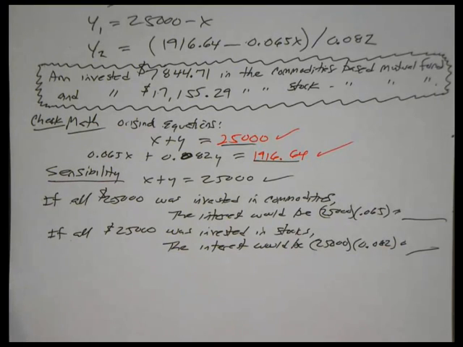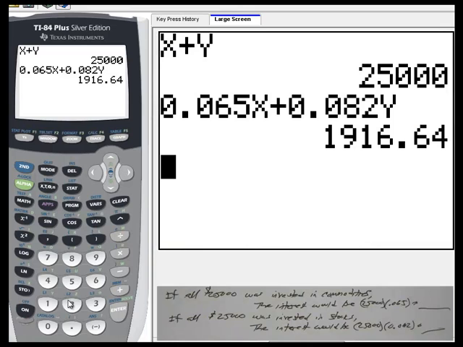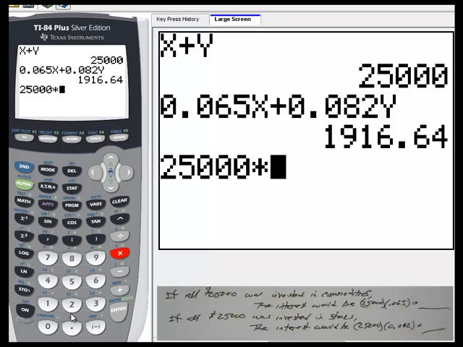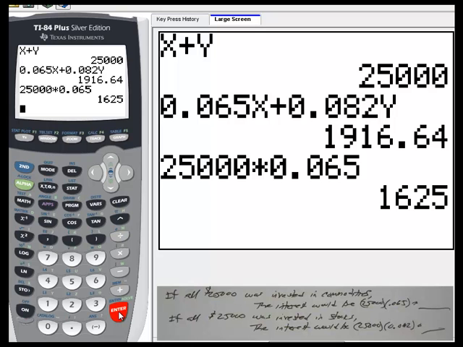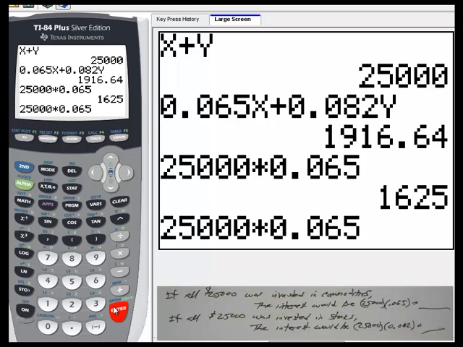Okay, let's go see what these numbers are on the calculator. So 25,000 times 0.065, enter. Okay, 1625. The other case we could do by second entry and then just editing the decimal number here. It's 0.082, so a little over right there, and enter.